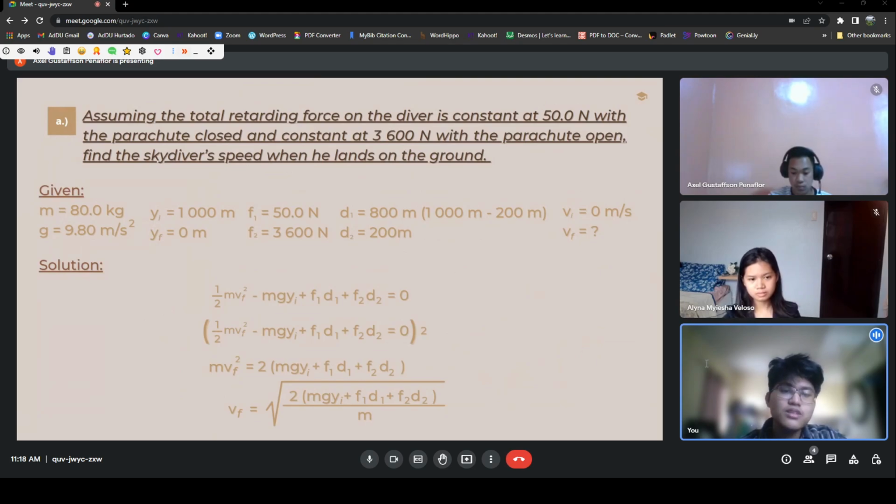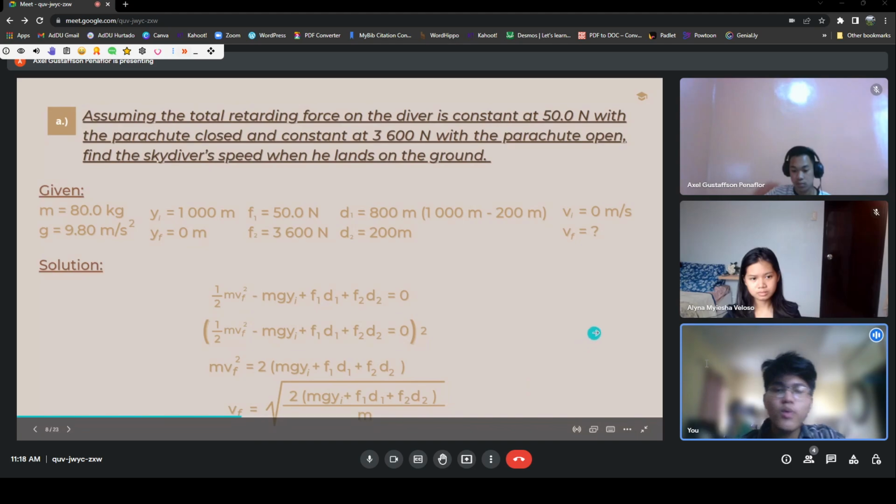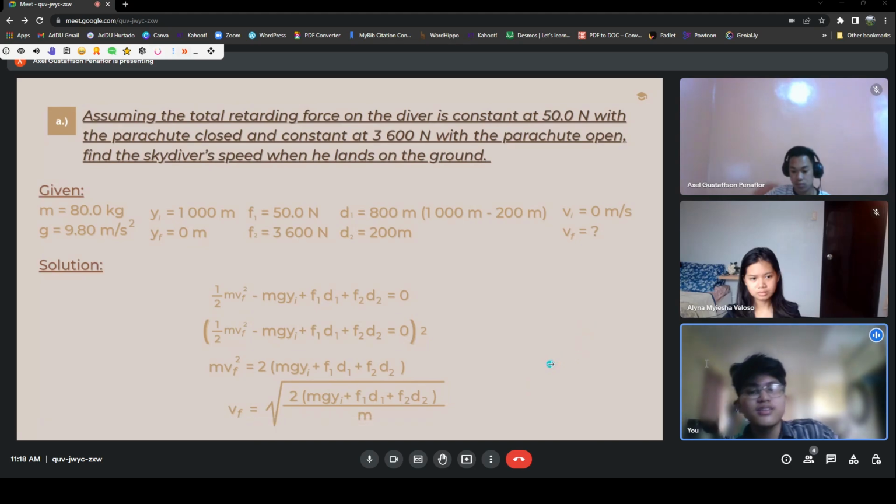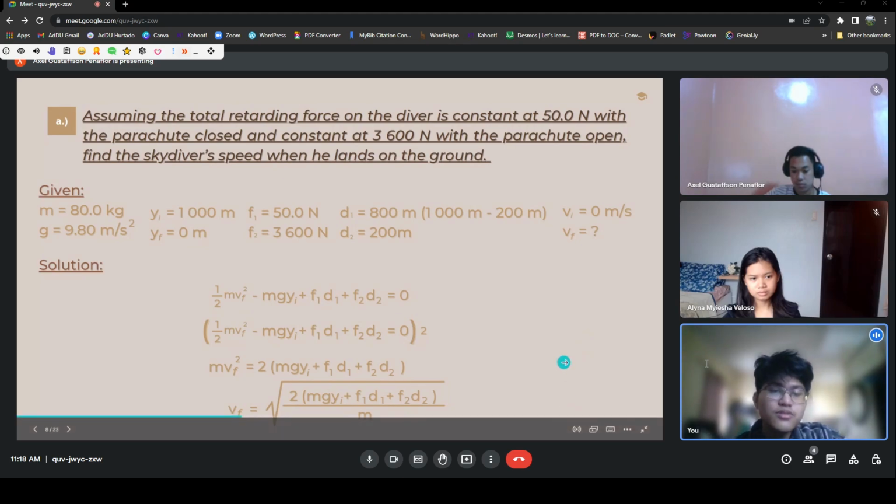For our purpose, the difference of kinetic energy is equal to mass times the final velocity squared over 2 minus mass times the initial velocity squared over 2, plus the difference of potential energy, which is mass times gravity times final distance y sub f minus mass times gravity times initial distance y sub i, plus the product of force and distance, which is F sub 1 times d sub 1 plus F sub 2 times d sub 2 equals 0.